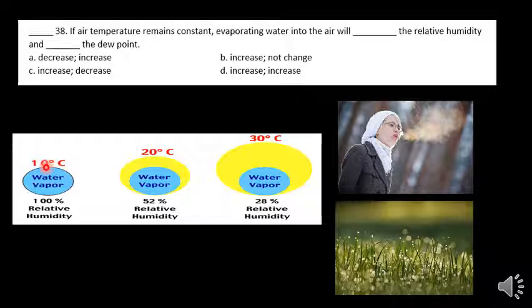I wouldn't have to get down to 10 degrees Celsius anymore because I would only have to cool it down a little bit to get down to where that blue dot is. Basically, evaporating more water into it actually increases the dew point. I only have to get down to like 28 degrees Celsius now for it to be full. And so it would be completely saturated with more water in it, and it would just condense much faster.